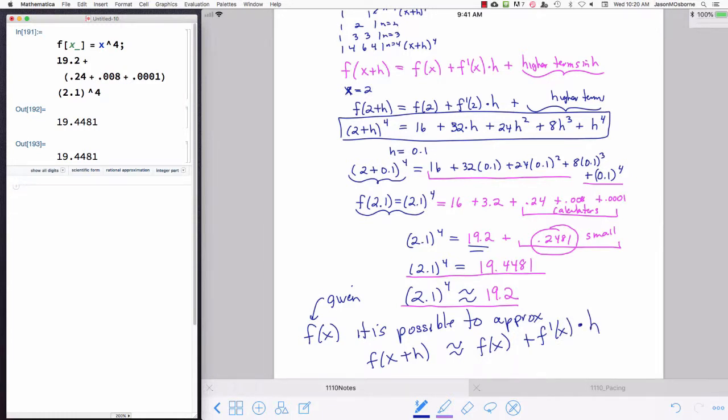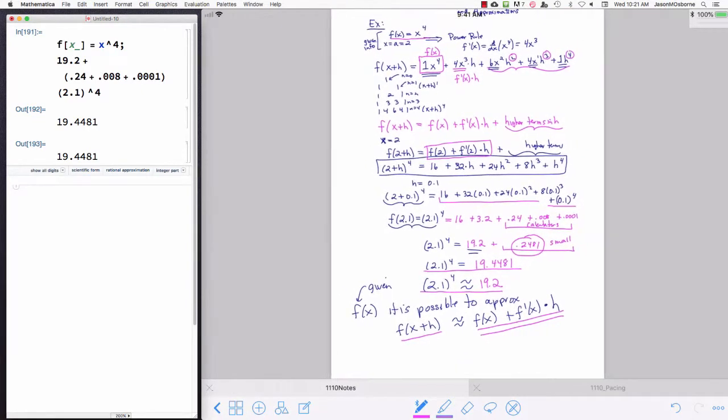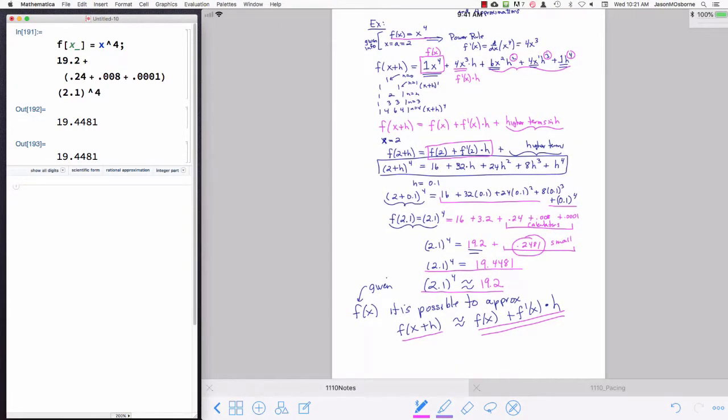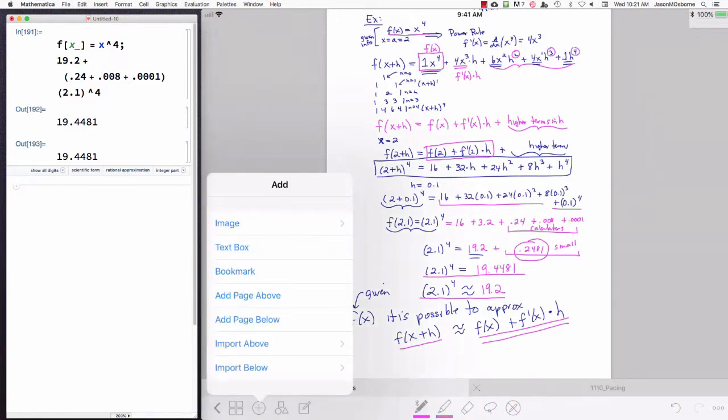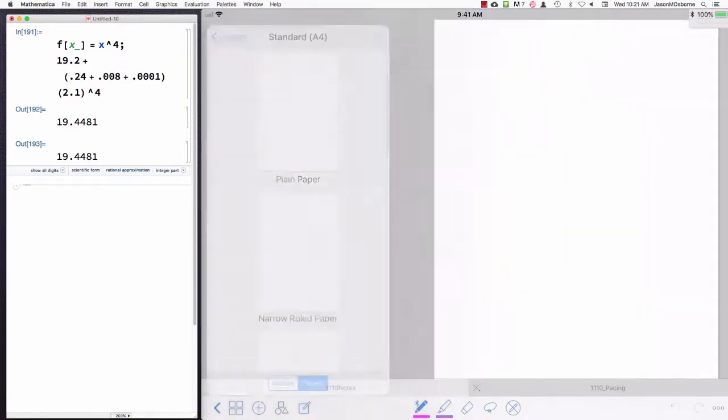That's what we're doing right here by just looking at the first two terms, which will give you an approximation to f of x plus h. We've shown how that works in the example of f of x equal to x to the fourth. This doesn't stop with just polynomials. It can extend to any other function.